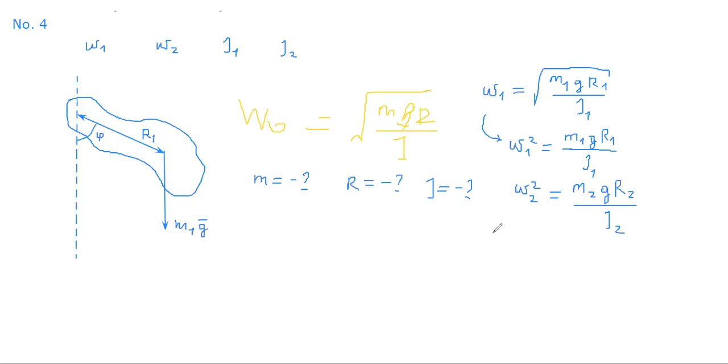It is necessary to remember that we have a pendulum that was created from two bodies, two pendulums with masses m1 and m2. So we have the big pendulum that was made of two small ones.